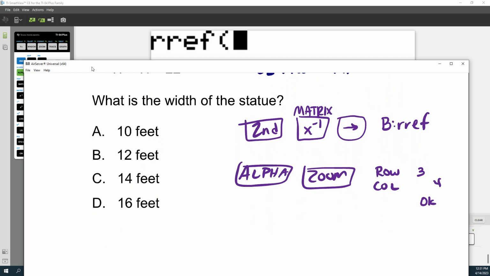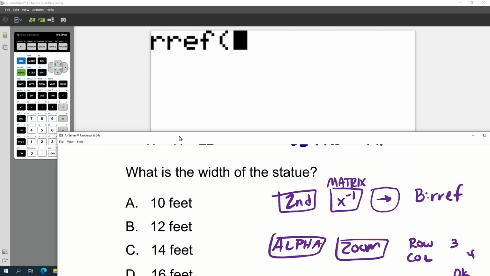Now, all of your calculators are going to be reset before you take the EOC. So I think when it resets to 2 and 2, but I'm not sure. So you'll probably have to change that on your calculator.